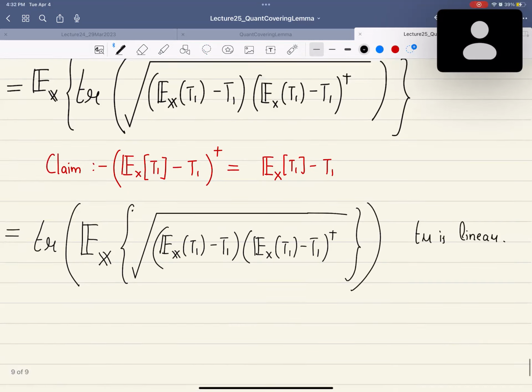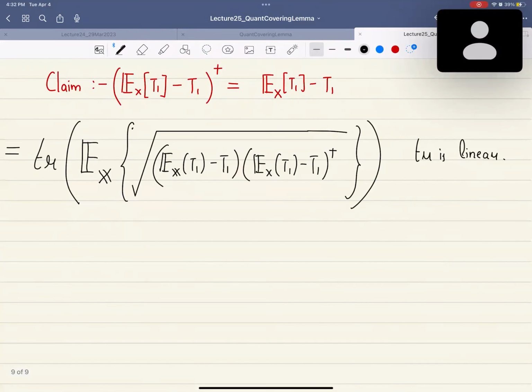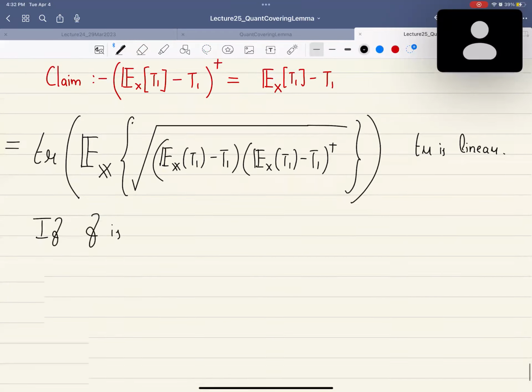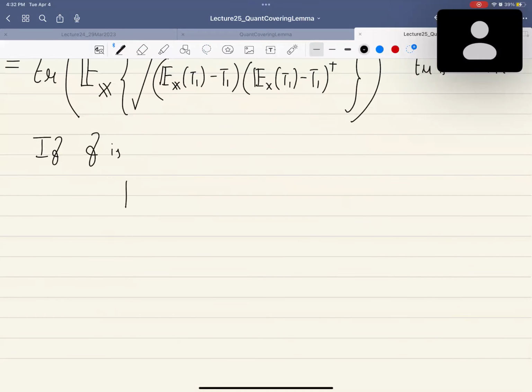Now there is a major thing. Remember, how many of you are aware of this? Fill in the blanks: if f is something, then the expectation of f of x, where x is a random variable, is less than or equal to f of the expectation of x.